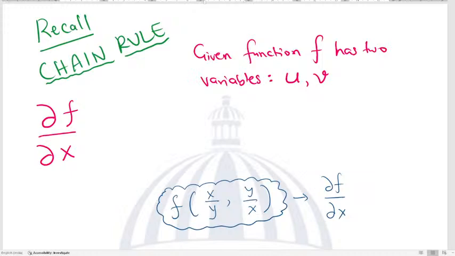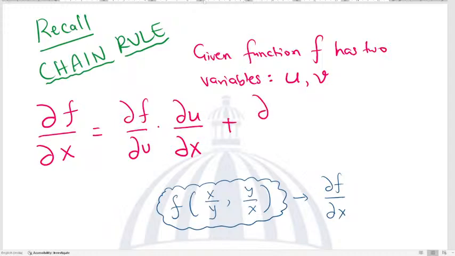In order to do this, one method is to use the chain rule. The chain rule goes as follows. We can identify dou f by dou u multiplied by dou u by dou x plus dou f by dou v multiplied by dou v by dou x. This is one method we can use, and it is a very powerful method.